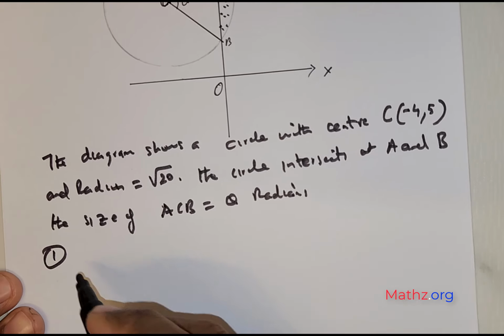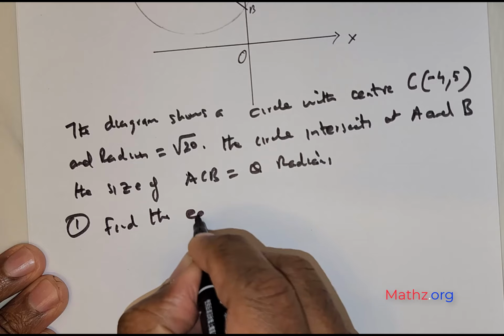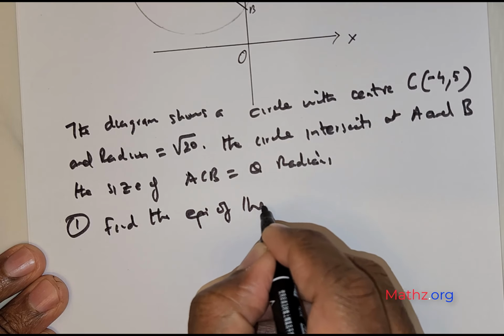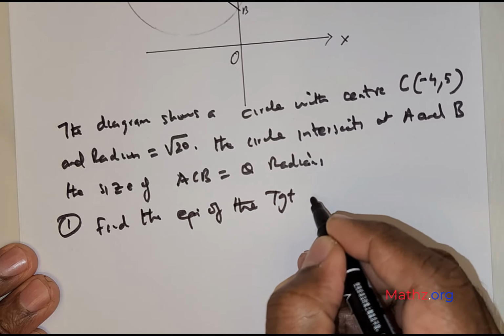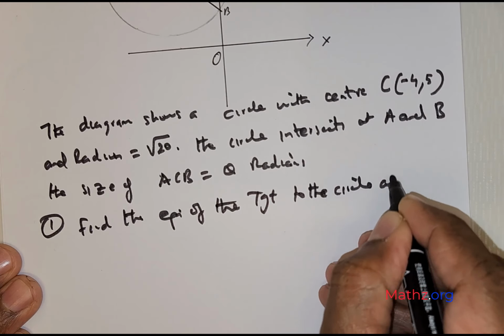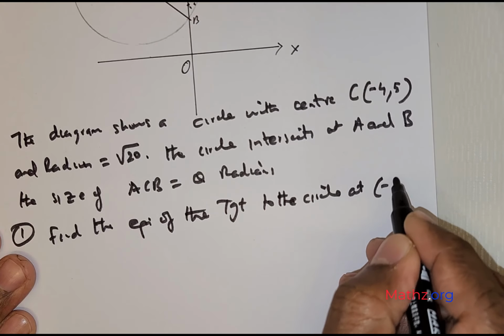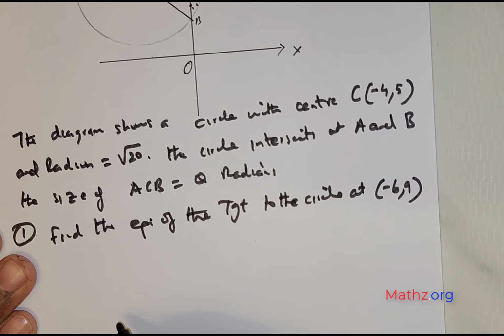Now, first question, we are asked to find the equation of the tangent to the circle at the point (-6, 9).